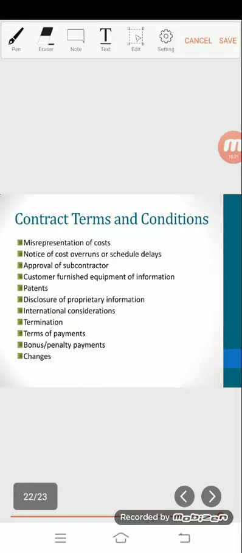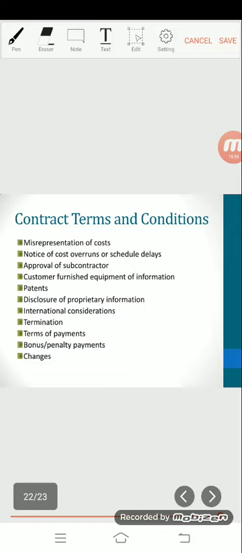Number 2, notice of cost overrun or schedule delays. Outline the circumstances under which the contractor must notify the customer of any schedule delays. Number 3, approval of subcontractor. Indicate when the contractor needs to obtain approval before hiring a subcontractor.